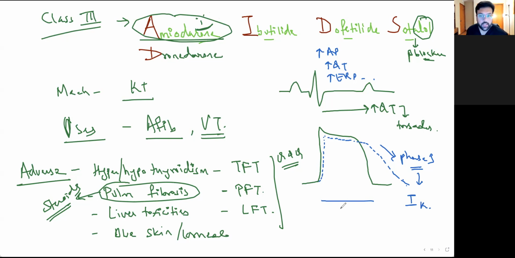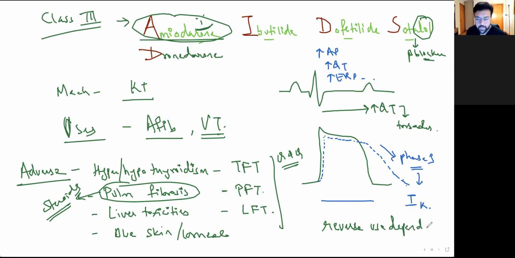Class 3 drugs are also interesting. We talked about use dependence. In what group of antiarrhythmics? Class 1C, right? Flecainide and propafenone. More exercise, more widening of the QRS. Class 3 drugs are known for causing reverse use dependence.